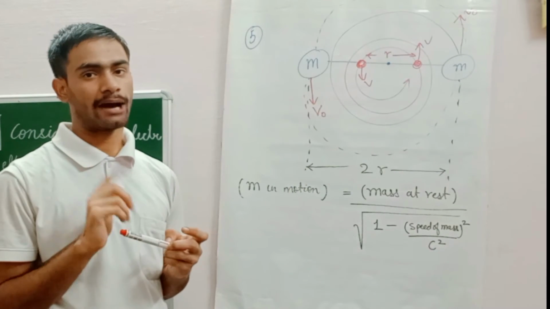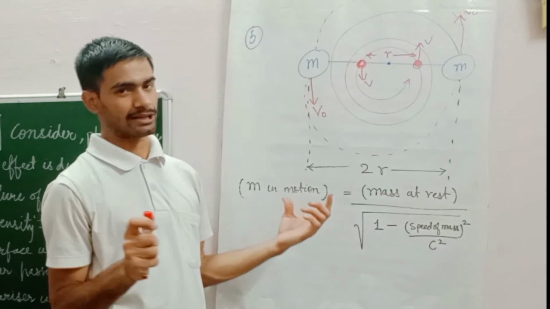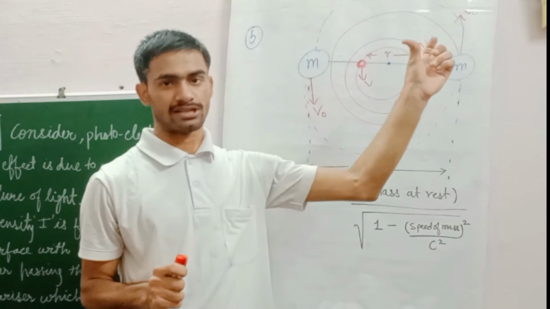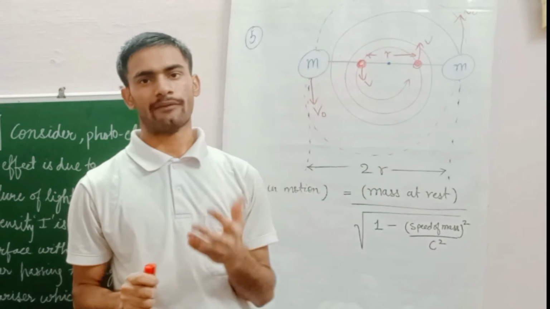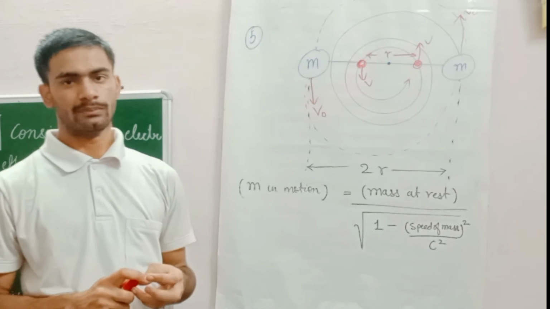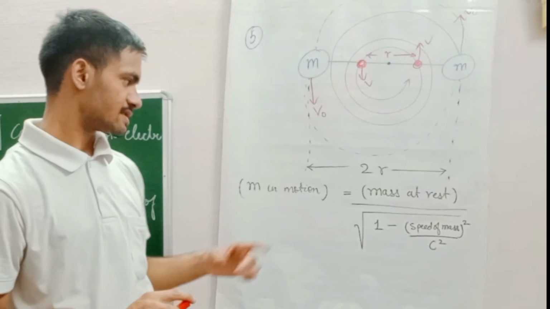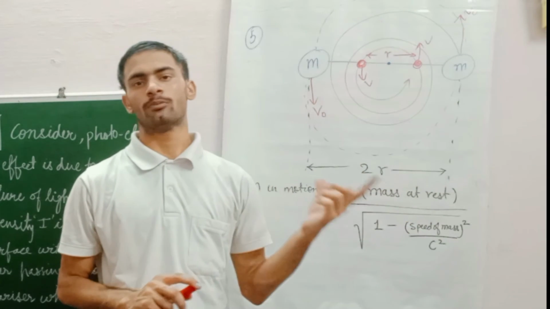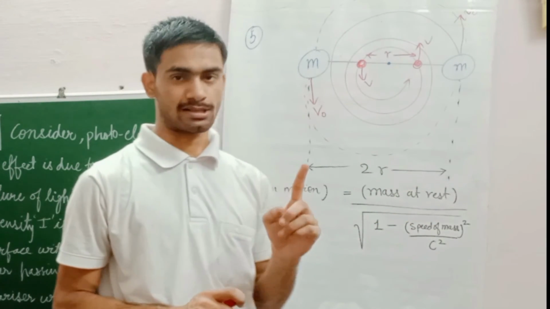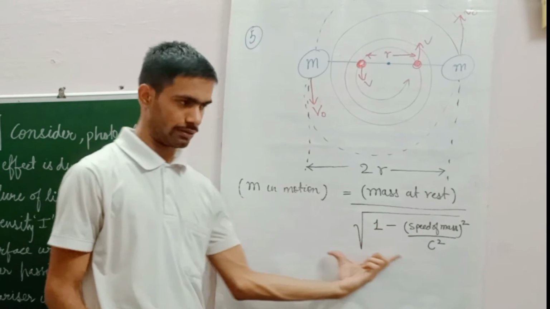But one more thing you have to consider is that mass is relativistic. That means mass is going to change as velocity changes. That means if we have a 1 kg ball, it's not going to be the same if I am in motion with respect to someone. That means if there is relative motion between the bodies, then there would be a relativistic change in their mass, and that relativistic change is given by this equation.